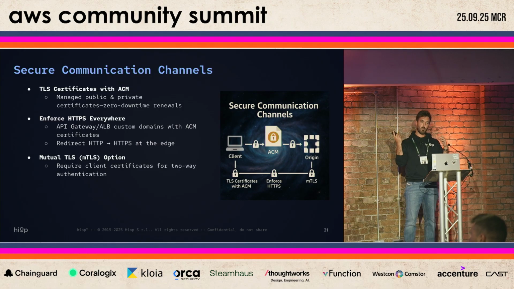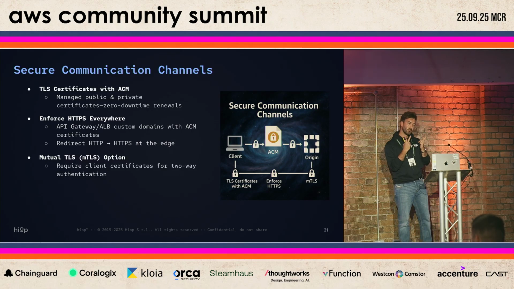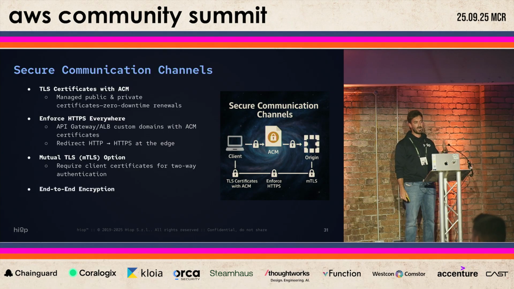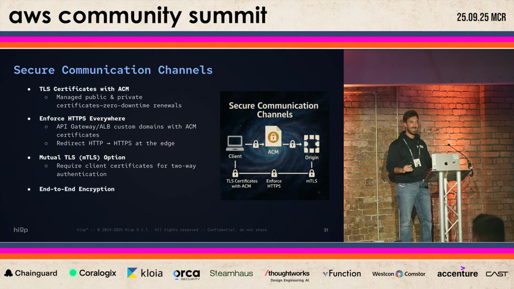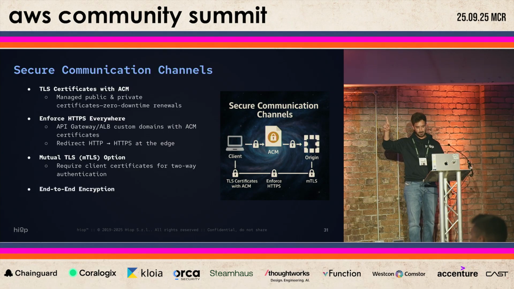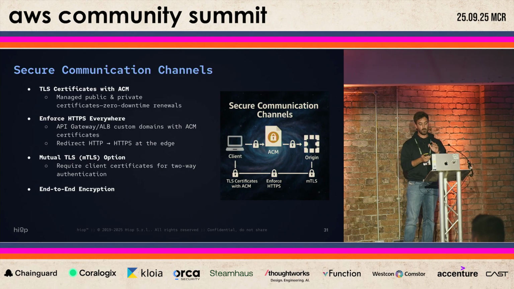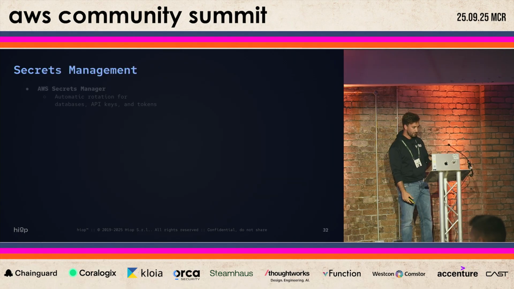Try to also require client certification and two-way authentication when two critical resources have to communicate. And also try always to encrypt on both sides and in both connections. As you can see in the image, there are several steps through which your data or your service could communicate. Try always to enforce encryption.